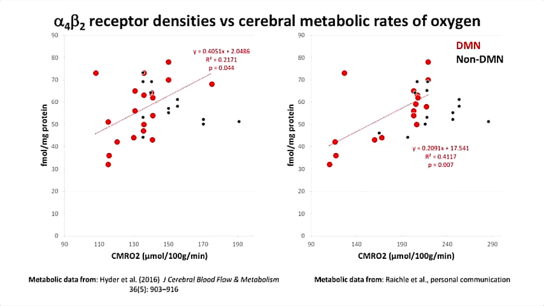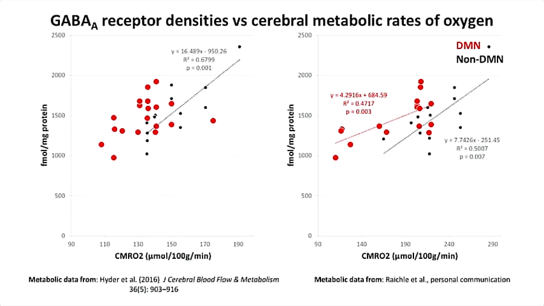Next. Is this negative correlation always the case? Answer, no. Here you see the alpha-4 beta-2 nicotinic receptor, and you can clearly see that in the default mode network, the oxygen extraction rate increases with increasing receptor density. And the GABA-A receptor density increases and causes increasing oxygen extraction.